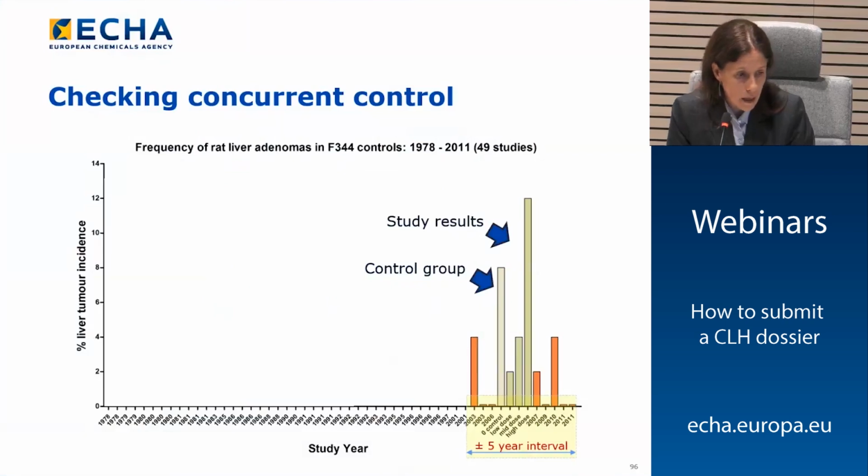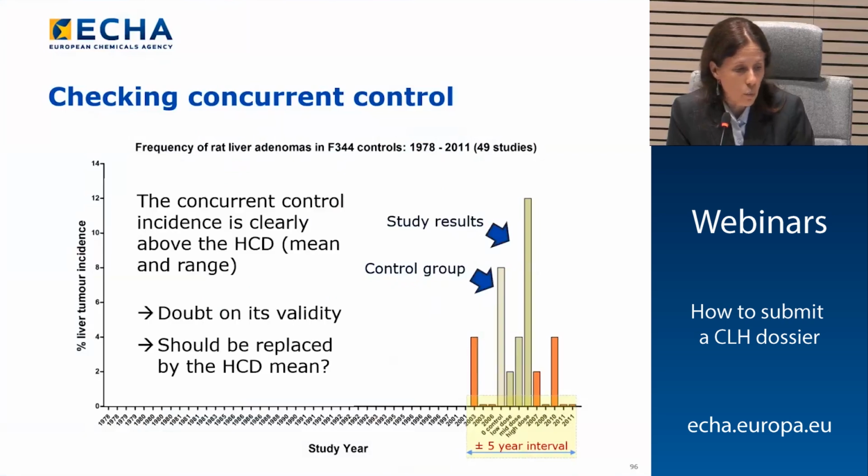You have a control group, and following that you have 3 treated groups. It's clear from the picture that the control group is way above the historical incidence in the historical control data within the plus or minus 5-year range around it.